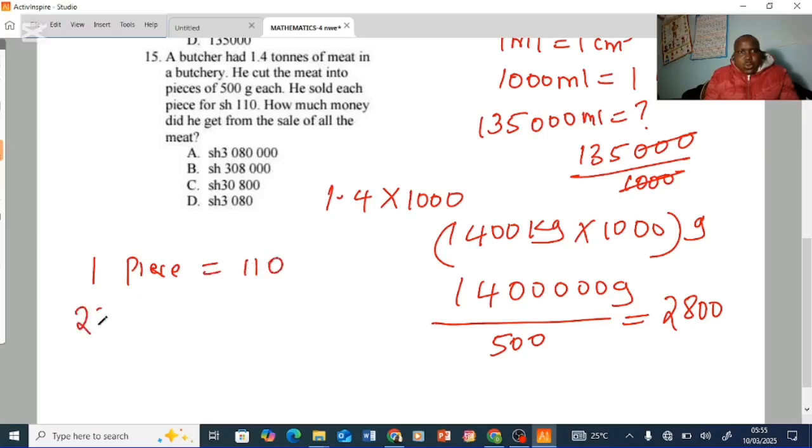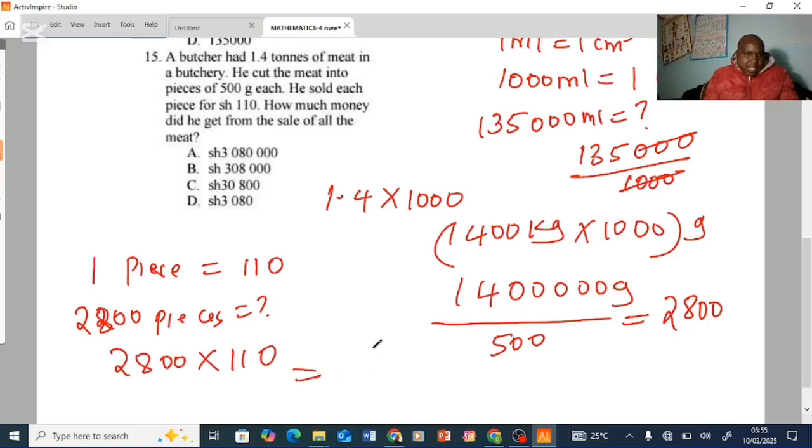So 2,800 pieces will be sold for how much? It is 2,800 pieces times 110, and you can multiply like this: 2,800 times 110, so times 11.